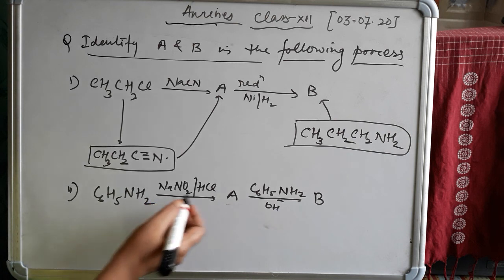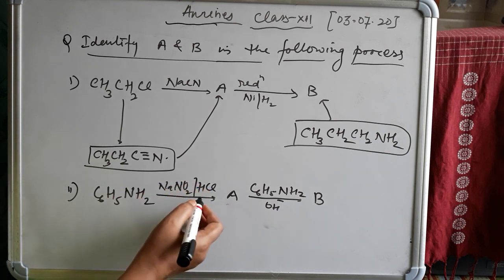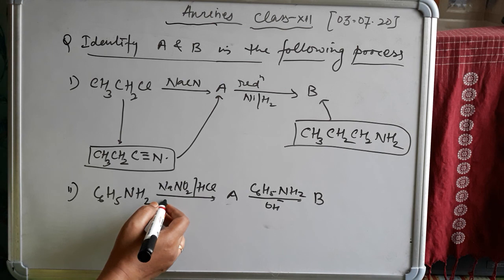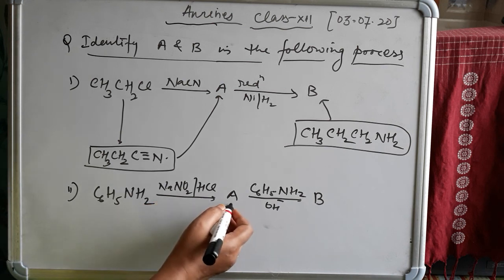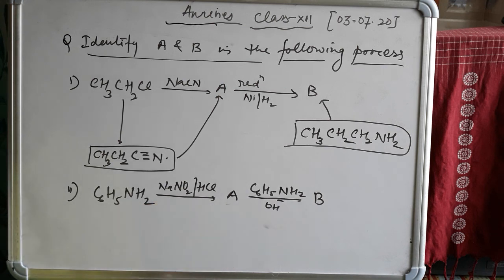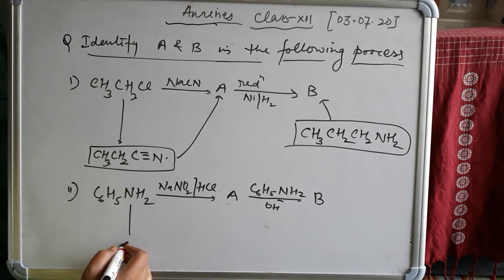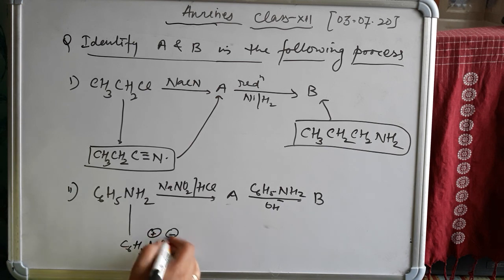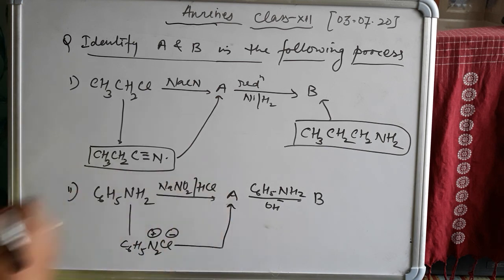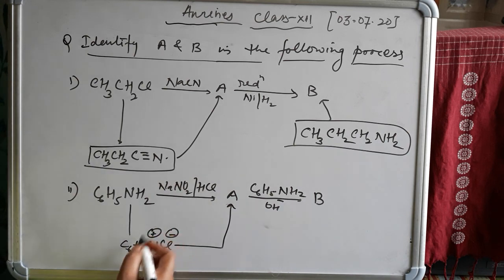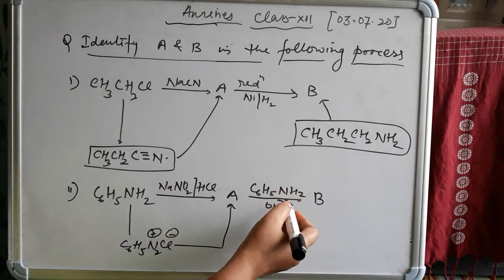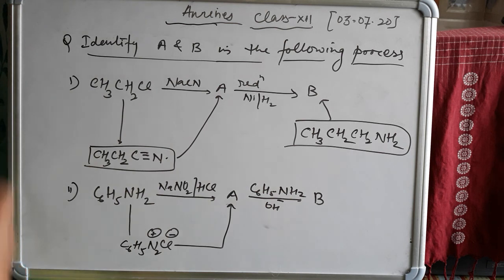Simply, at first we know that in the presence of sodium nitrite and HCl at a temperature of 273 to 278 Kelvin, the formation of diazonium salt takes place. So we get C6H5N2Cl. This is our A.